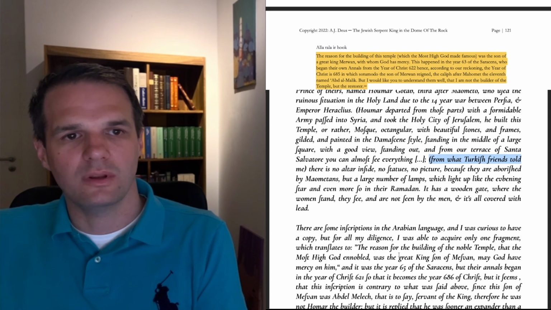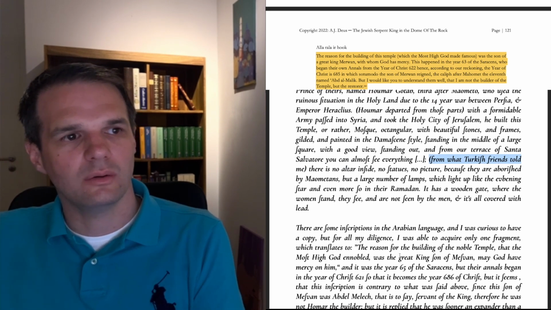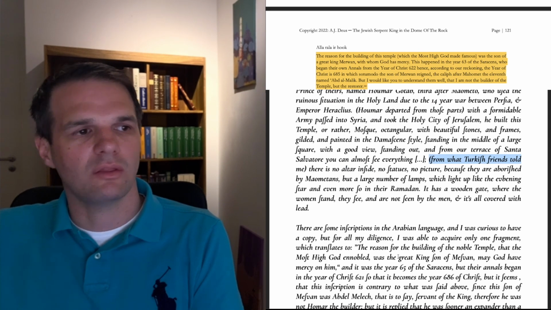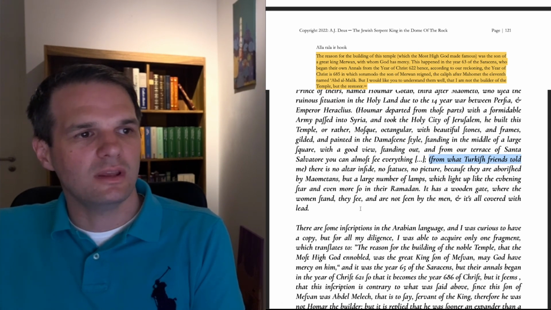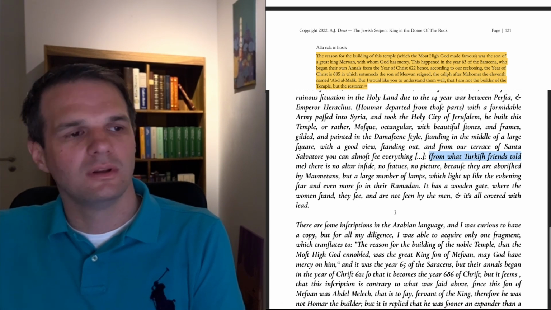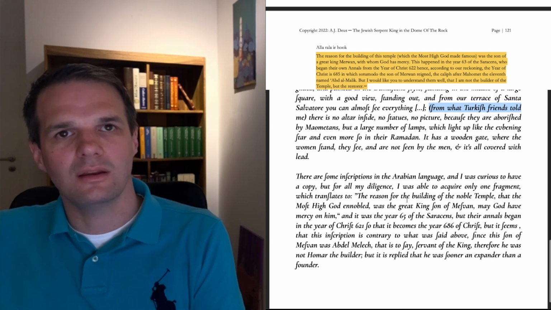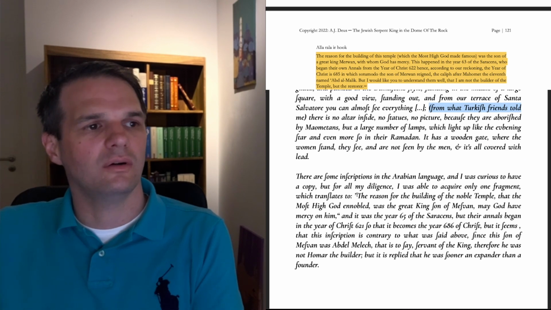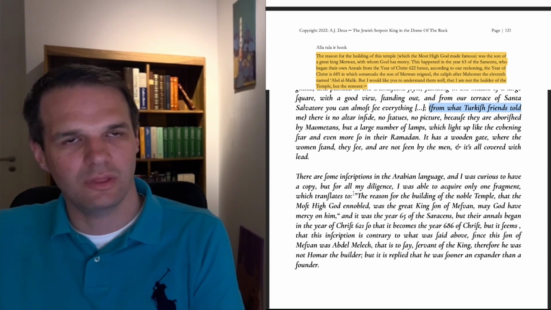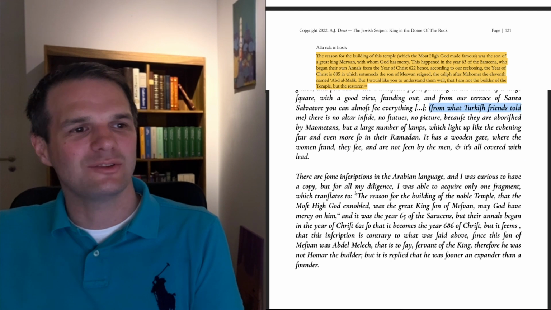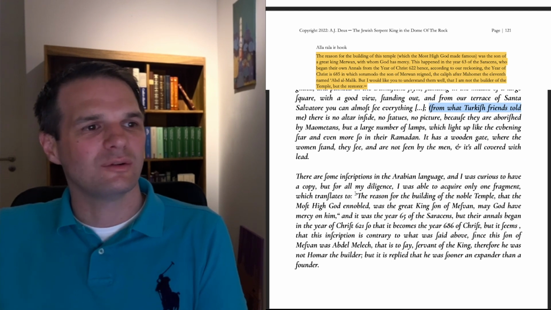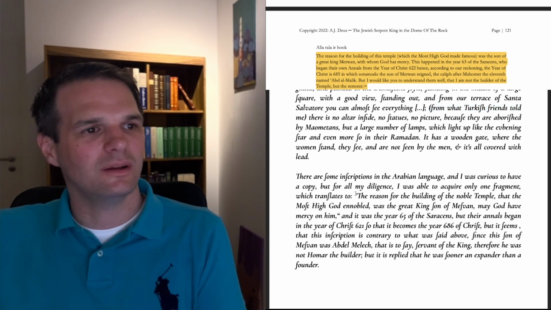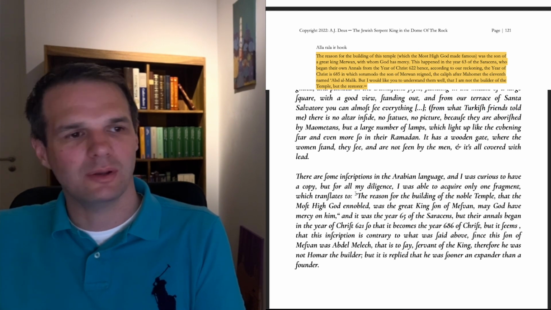So from our eyewitness from the 18th century, we've now moved to a non-eyewitness in the 17th century. And he has heard that there's an inscription, but he didn't see it, and he got hold of a piece of paper, presumably with some Arab letters on it, which told him that the reason for the building of the noble temple was al-malik.